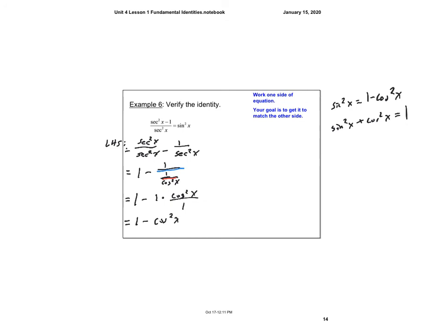So at this point right now, I can either say it's equal to sine squared x, because we know that by now, and we're done. Or again, I can take this and put it in there. And if I do that, the cosine squareds will cancel out and I'm left with sine squared. All right?